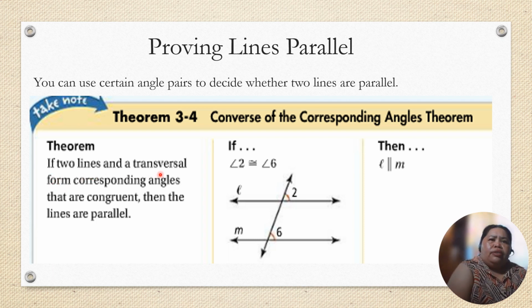If two lines and a transversal form corresponding angles that are congruent, then the lines are parallel. Likewise, if angle 2 is congruent to angle 6, then line L and line M are parallel, like this.